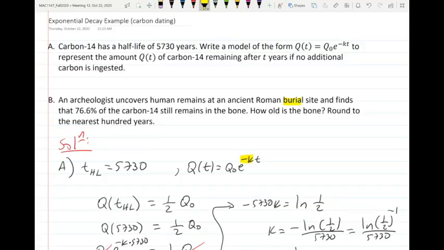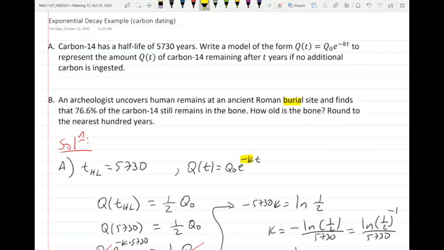So an archaeologist uncovers human remains at an ancient Roman burial site and finds that 76.6% of the carbon-14 still remains in the bone. How old is the bone? Round to the nearest 100 years. So what's going on here?